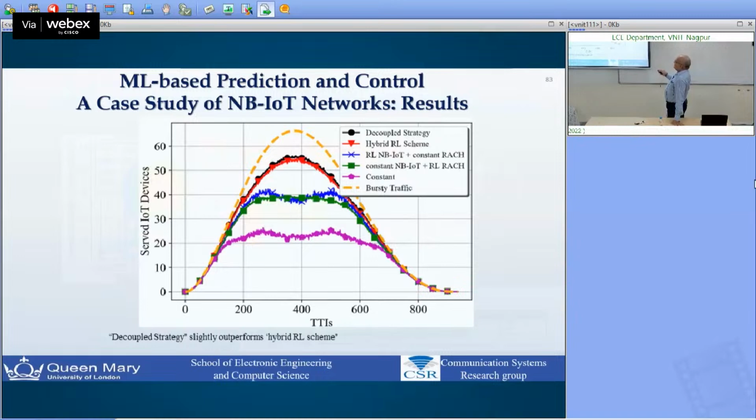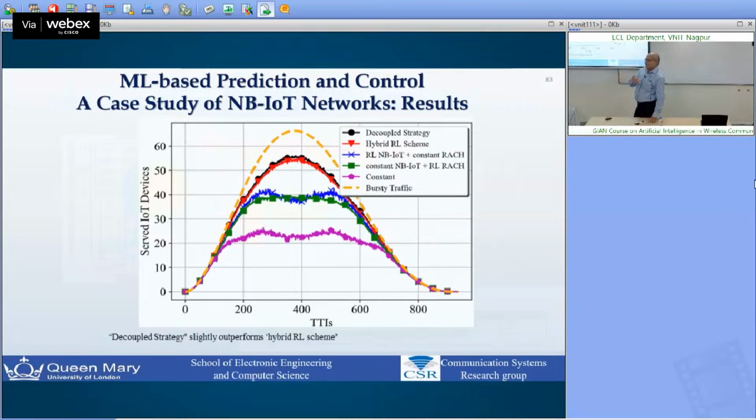From this, the conclusion is that by decoupling, we can predict the load accurately and access control performs better. What is decoupling? It means you predict the load first, then you control the parameters using reinforcement learning.